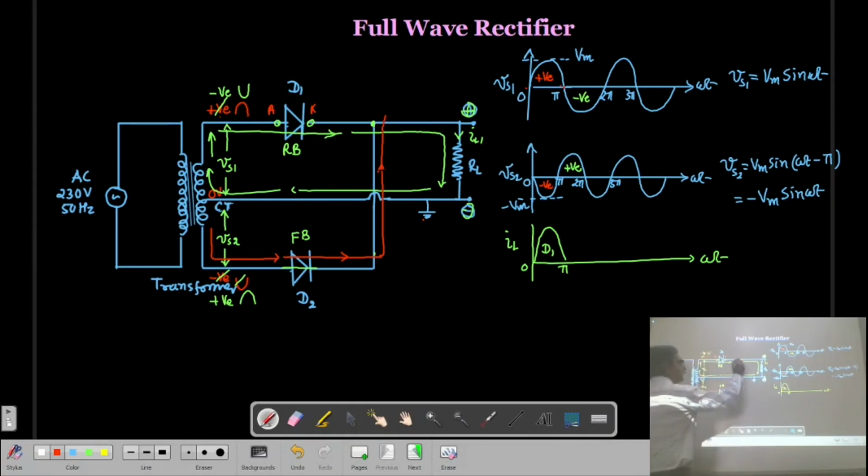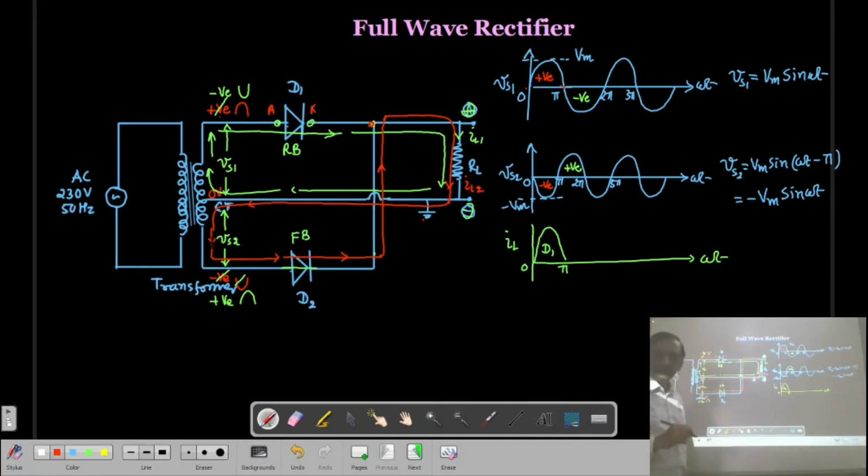Normally at the junction the current is going to be divided, but this current will not flow in this direction because the diode D1 is an open circuit. It is in reverse bias. So the current has to pass through this load resistance RL, and this current we call IL2. And then after coming out from this, the current is coming back to the transformer.